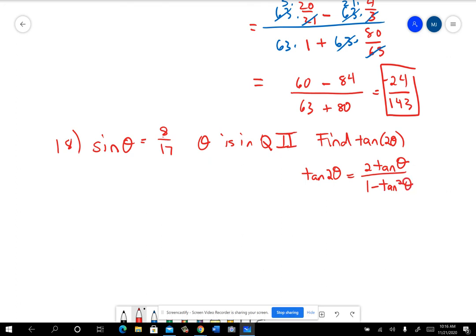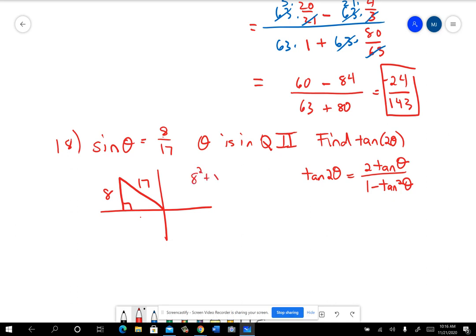So the formula, if we plug it in correctly, is going to give us the answer. So we just need a bunch of tangents, but we're being given sines. So we're going to draw the angle in the second quadrant. Sine is opposite over hypotenuse. I need the adjacent side to do tangent. So I'm going to set that up.